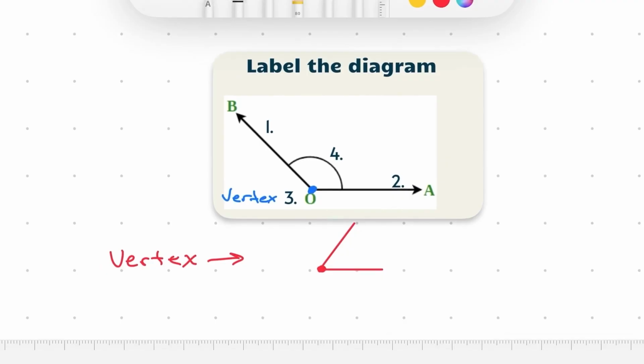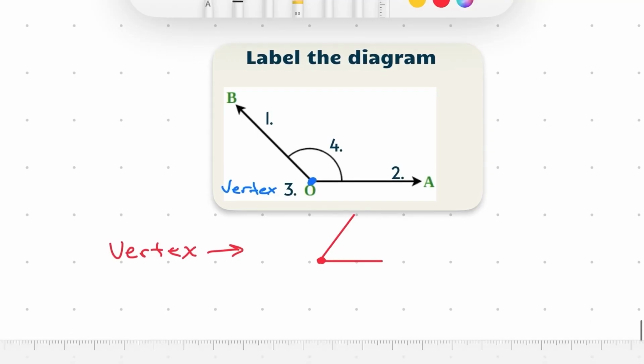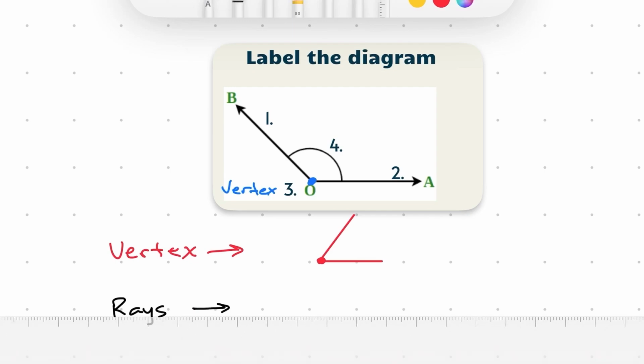Okay, what about numbers 1, 2, and 4? Remember that lines 1 and 2 are special types of lines called rays. And rays are lines that have one endpoint and continue on forever in the opposite direction.